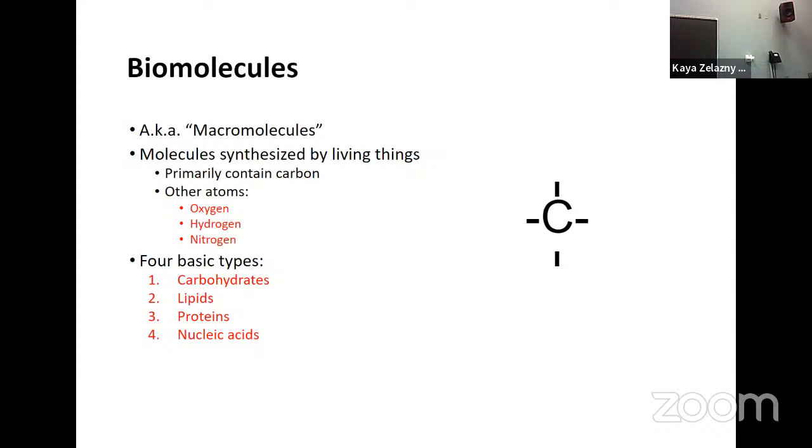We'll see other atoms involved in our biomolecules, frequently oxygen, hydrogen, and nitrogen. And when we're talking about our phospholipids, phosphorus will also be important. So what we want to remember about carbon, a little sort of cheat sheet: carbon forms 4 bonds. So we're going to see things centered on carbon molecules.